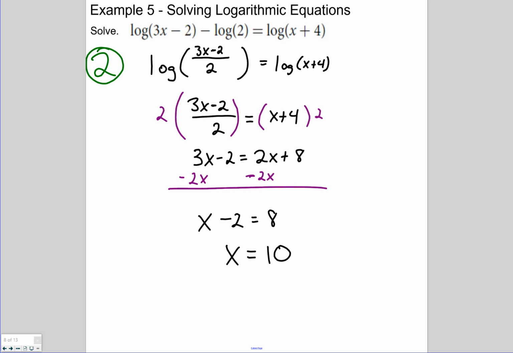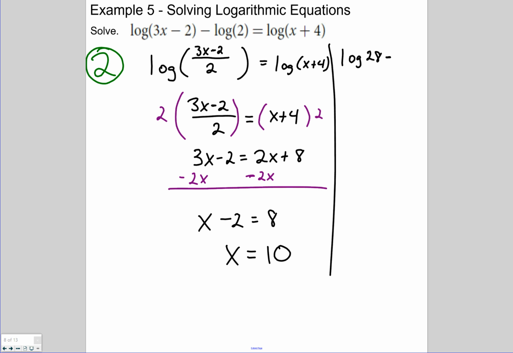Let's see if that is right. X is 10. What's that first one if x is 10? What is it? 28? Okay. Minus.